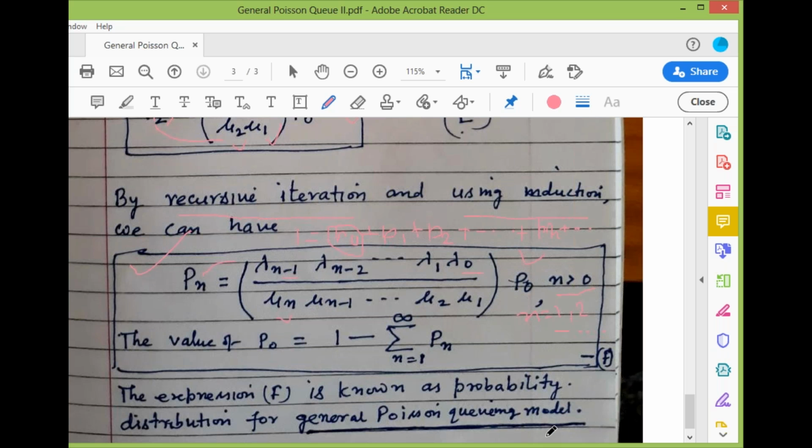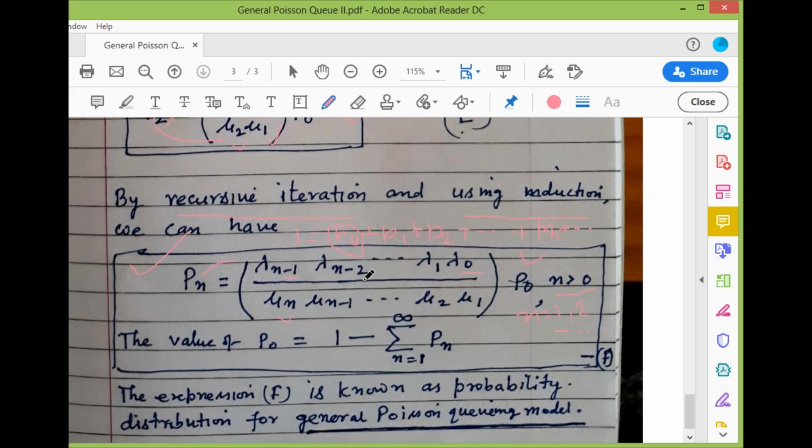Look here, nothing seems to be like Poisson. Is it directly e to the power minus lambda, lambda to the power x upon factorial x? It is not like that. But this will be very exciting.